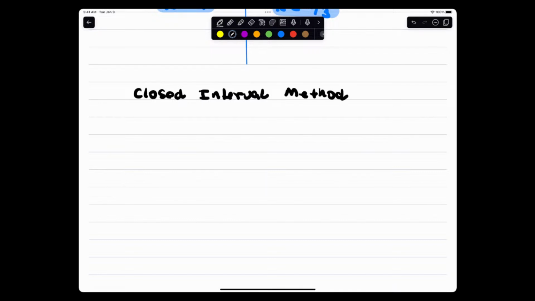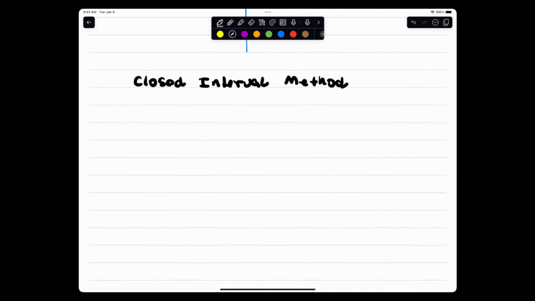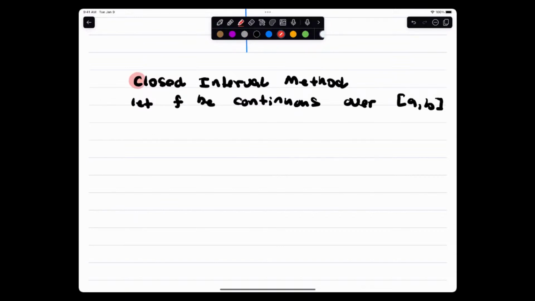So they're going to give you a nice continuous function, ladies and gentlemen, over a closed interval, AB. Let f be nice and continuous over the closed interval, by the way. That just means include the endpoints.